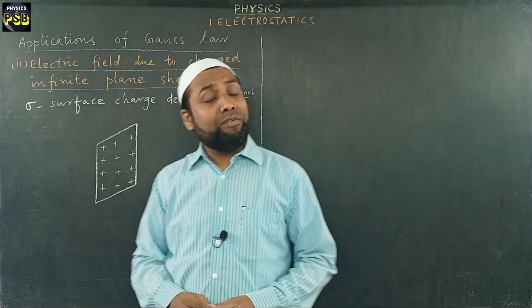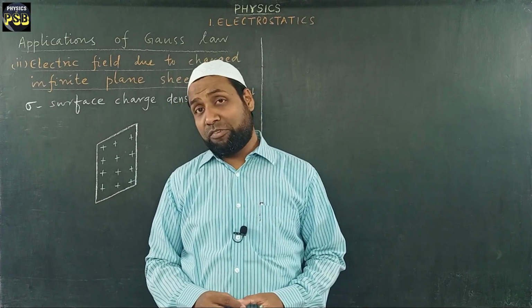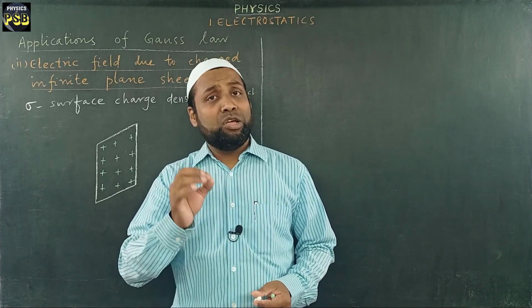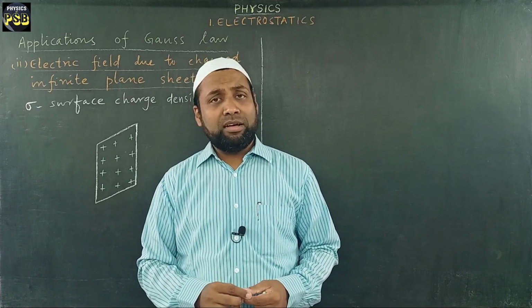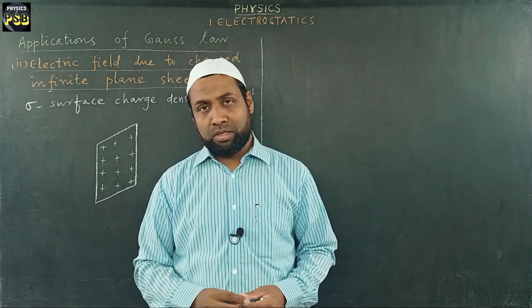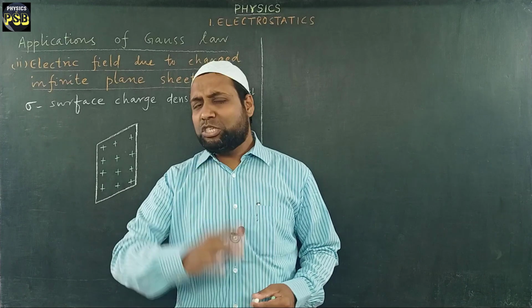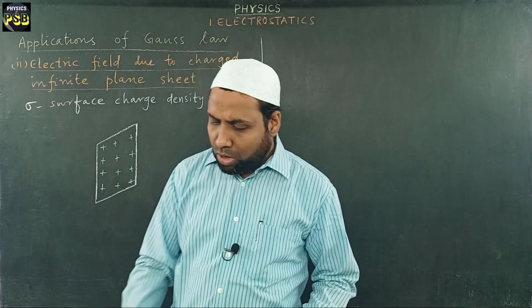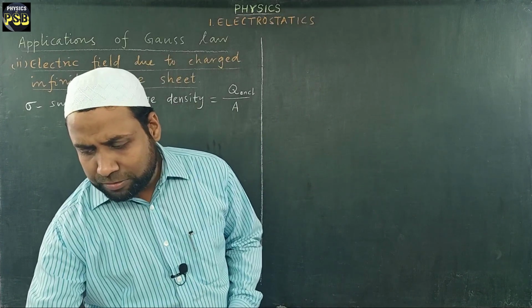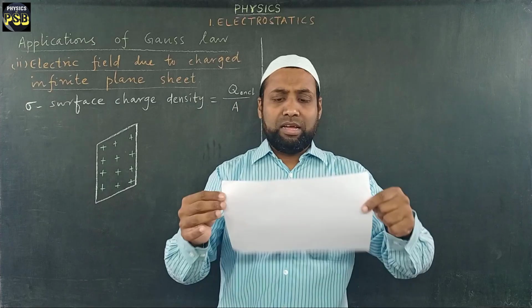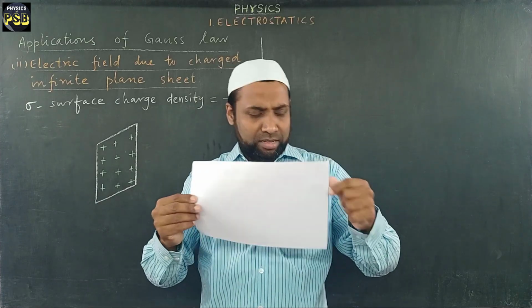We know very well, whenever we apply Gauss law to get the electric field for any charged object, we take a closed surface. We call such a closed surface a Gaussian surface. Now in this case, suppose I have a sheet of this kind.